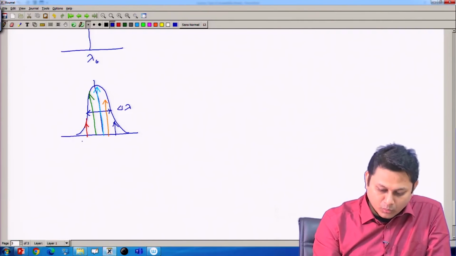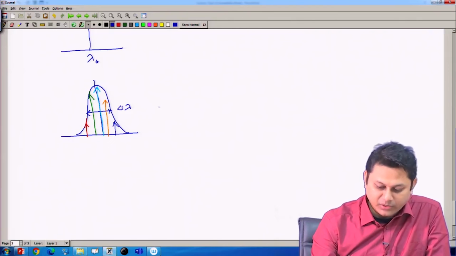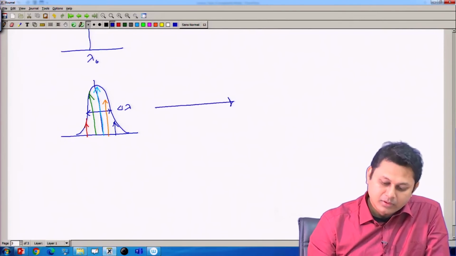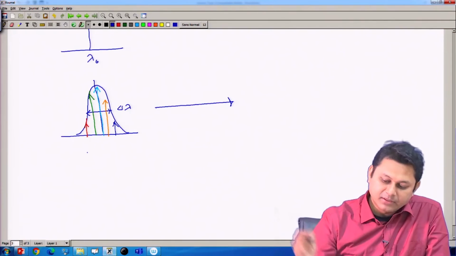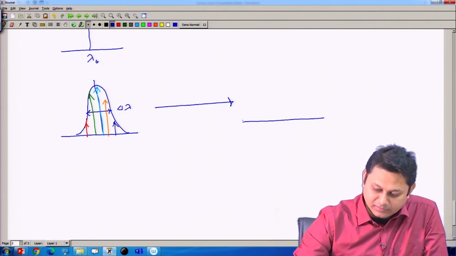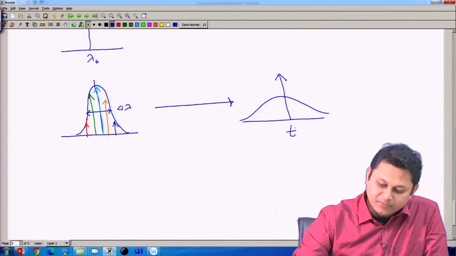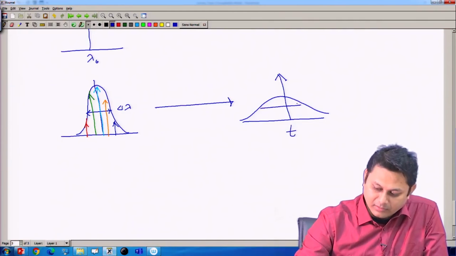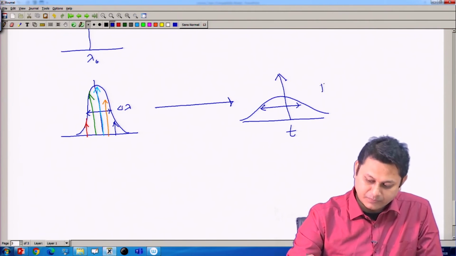When I have a spectrum and it is propagating, in the temporal domain there is a broadening.